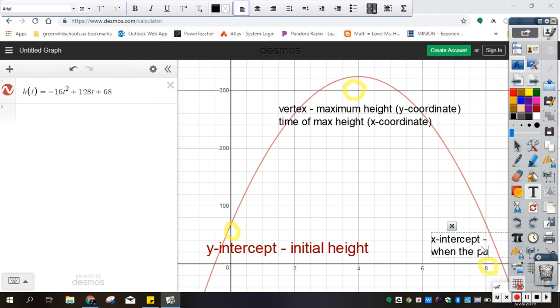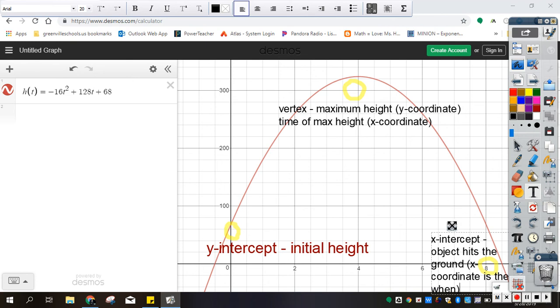So your x-intercept, that is going to be when, let's say our pumpkin, hits the ground. Actually, let's just define it this way, and I guess I should make this generic. So object hits the ground, and the x-coordinate is the when.